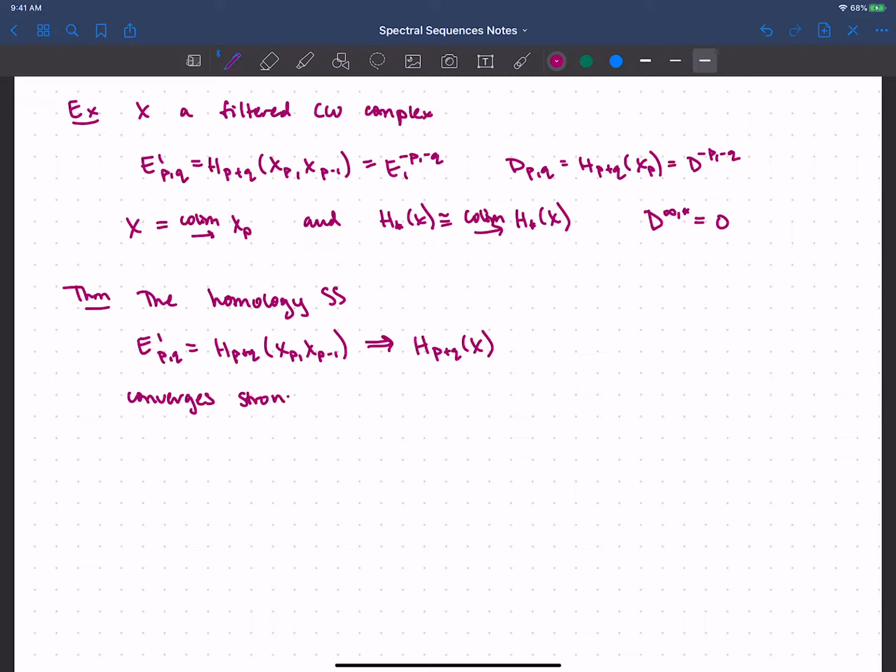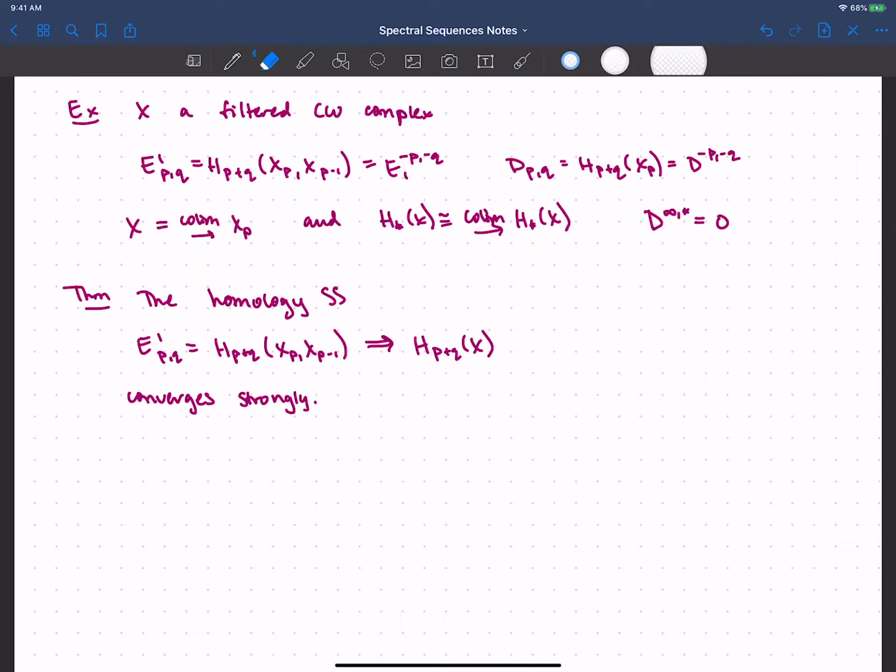Okay, so originally, long ago, this arrow here meant that we should end up with our E infinity term looking like an associated graded of this thing, and that means we only need to solve the extension problems in order to cook back up the homology of X, and that's exactly what converges strongly means. So we just need to solve the extension problems.